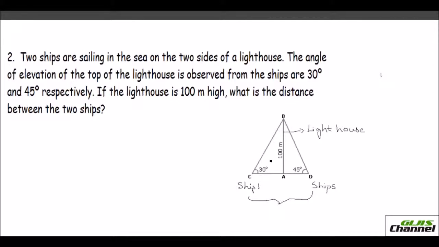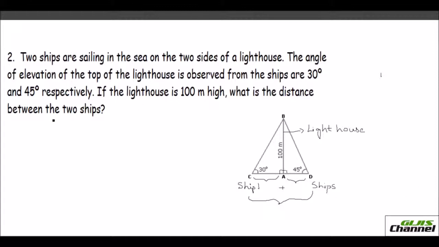First I would take the triangle ABC. Here this is 90 degrees, so I can take that as a right angle triangle. I would find out what is CA or AC. Then I would take the next triangle and find out what is my AD. Add them up, you get the distance between the ships, right?